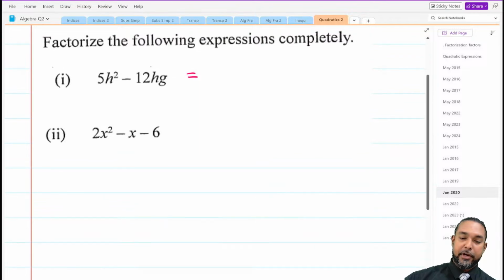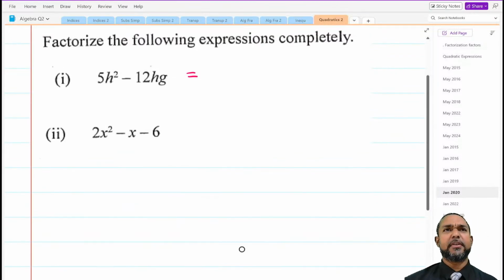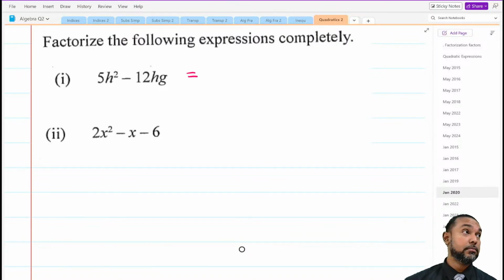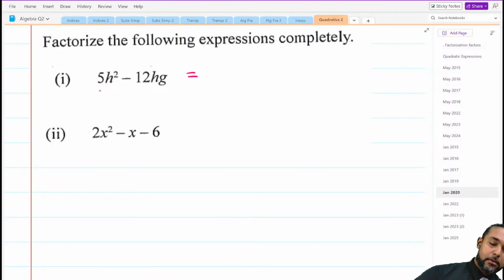So if we were to factorize 5h squared minus 12hg, between 5 and 12, are there any common factors apart from 1? No, 5 is just 1 by 5, and 12 is 1 by 12, 2 by 6, and 3 by 4. So the only common factor is 1. There's no common factor between 5 and 12. What about h squared and hg? H, right?